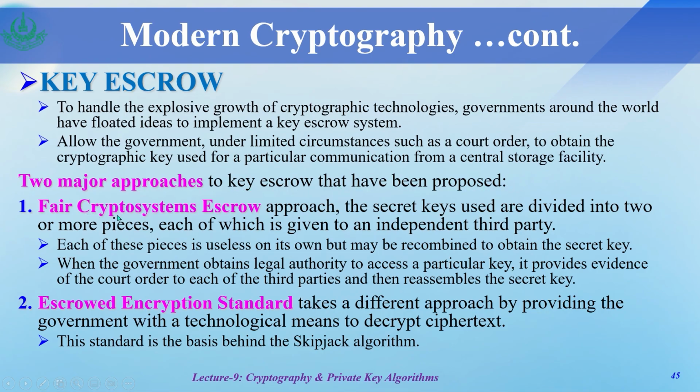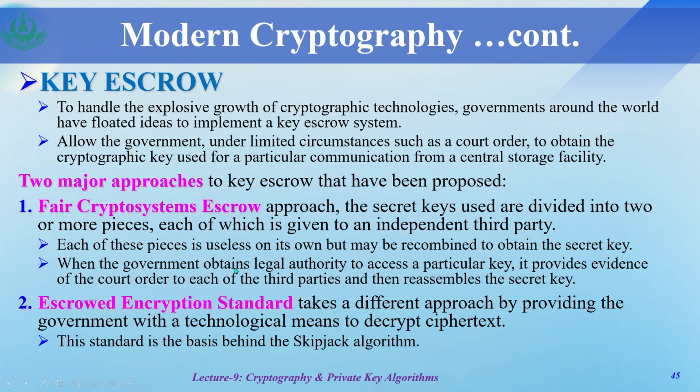Fair cryptosystem escrow approach. The secret keys used are divided into two or more pieces, each of which is given to an independent third party. Each of these pieces is useless on its own, but may be recombined to obtain the secret key.